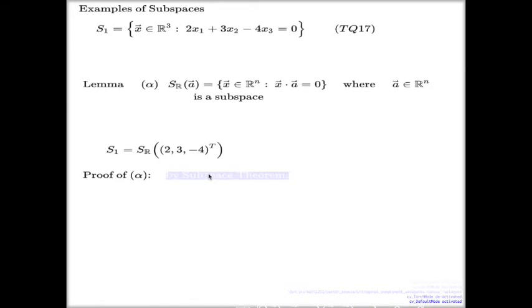So here we go. By the subspace theorem, my proof is based on the subspace theorem from the slide before. I argue the first criterion from the subspace theorem. I need to convince you that 0 is in my set. In order to argue this, all I need to do is see if this relation works for the 0 vector in this place. But it does.